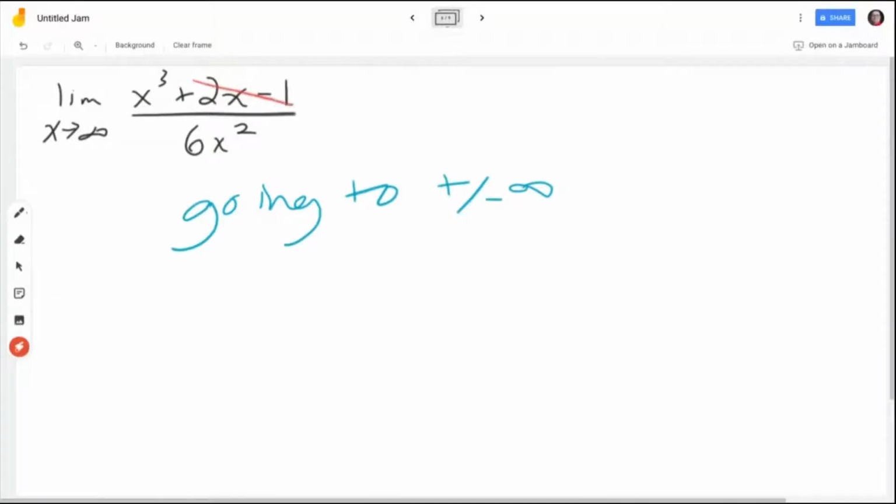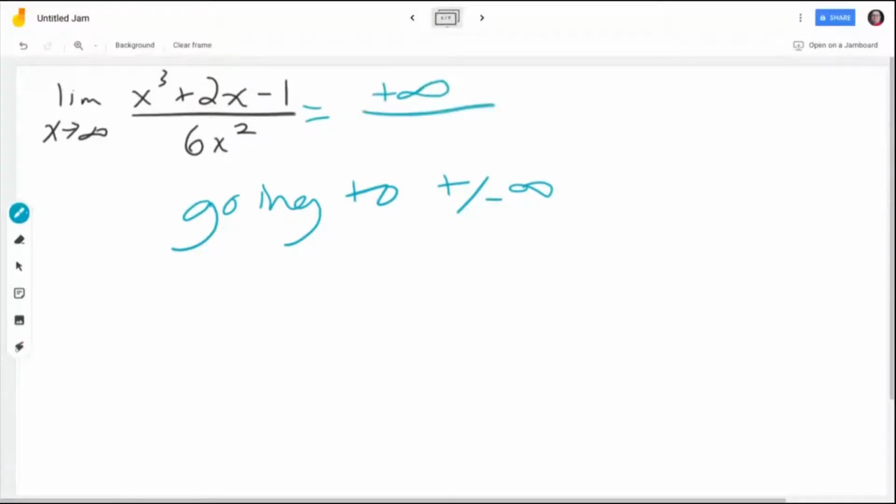This other stuff right here, 2x minus 1, is going to have no comparison to how large this number gets. So we really don't need to worry about these so much. We just need to worry about that largest one. You can still think about it: this is going to be positive infinity, 2 times infinity is going to be positive infinity, and the minus 1 is insignificant compared to these large numbers. And so this is going to end up being positive infinity in my numerator.